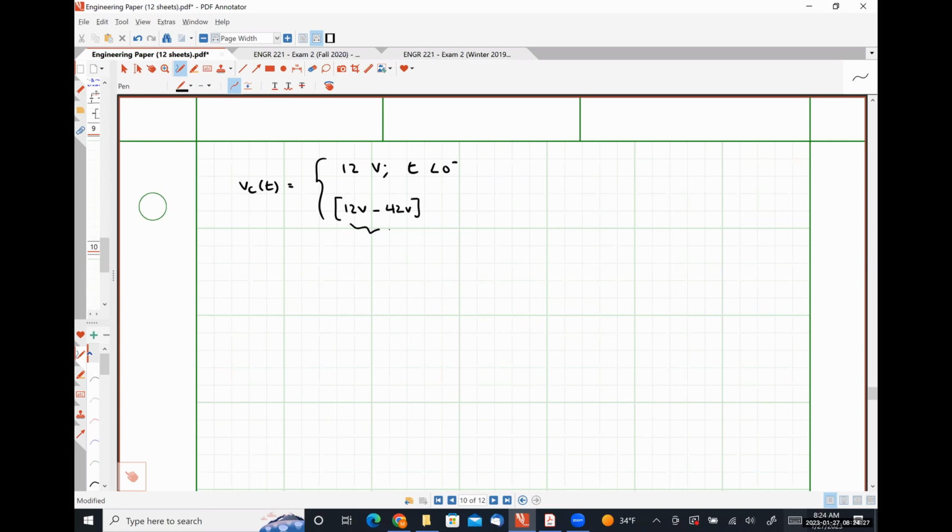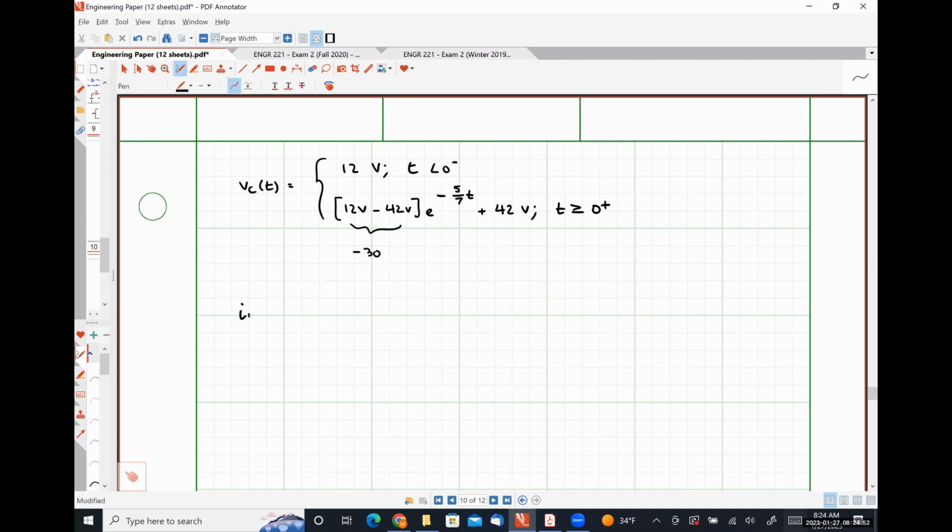So this is going to look like negative 30 e to the minus t over tau, which is the same as e to the minus t times the inverse of tau. So that's going to be 5/7 t plus VC at infinity for t greater than or equal to 0 plus.